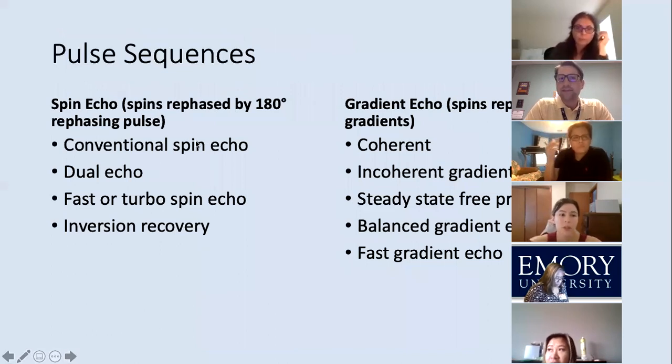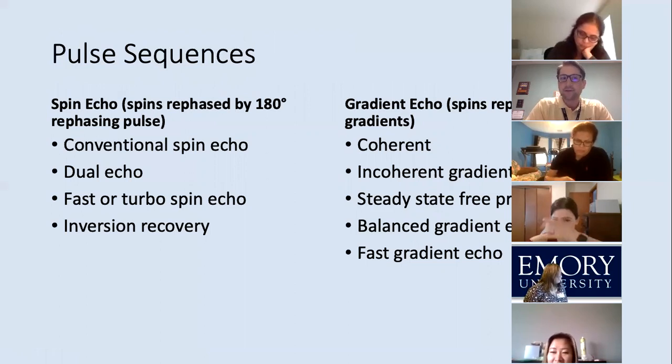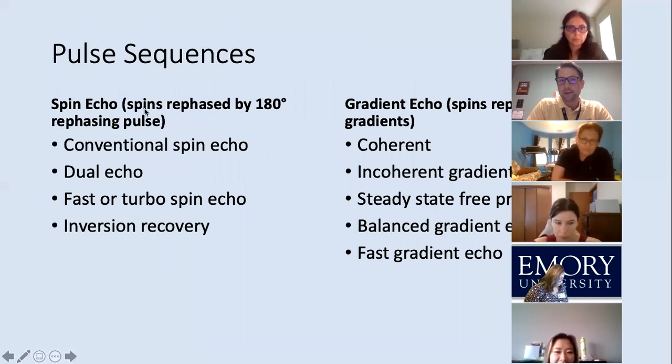Okay. So we had different types of pulse sequences, and they're divided into two categories. We talked about all of this last semester, spin echo. These are spins that are rephased by a 180-degree refocusing or rephase pulse. And typically the excitation flip angle is 90 degrees. So we talked about a conventional spin echo or just spin echo, a dual spin echo or dual echo, a fast or turbo spin echo.